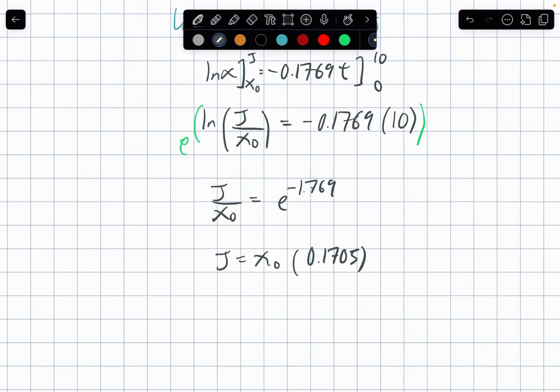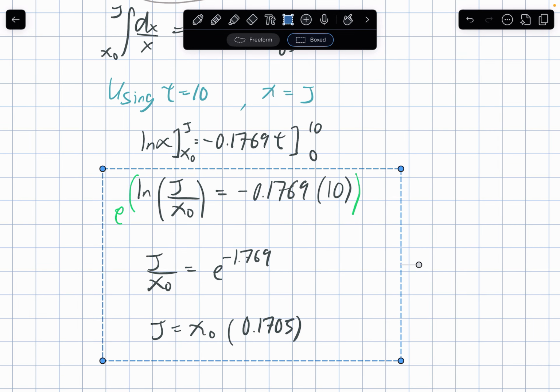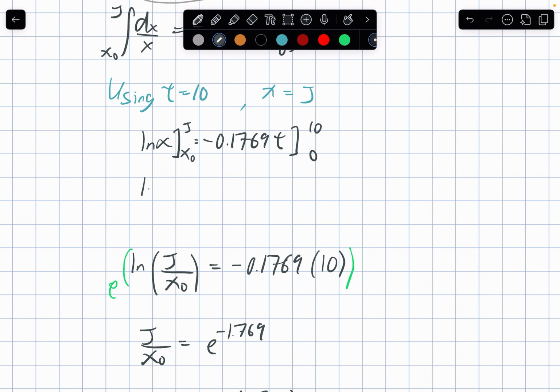Let me try something. Let's go back here. So we can rewrite this as ln of j minus ln of x sub o. Remember your properties of logarithms.